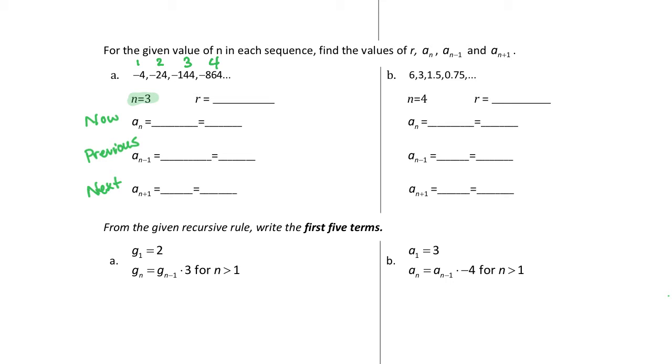To calculate my R, I can take the second term in this sequence, negative 24, and divide by the previous term, negative 4, and that will be 6. So my R is 6 in this case. A of n, we're just going to rewrite as A sub 3, the third value in our sequence, which is negative 144.